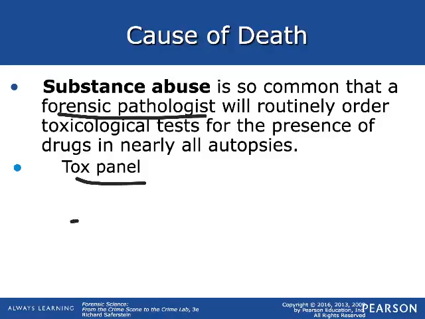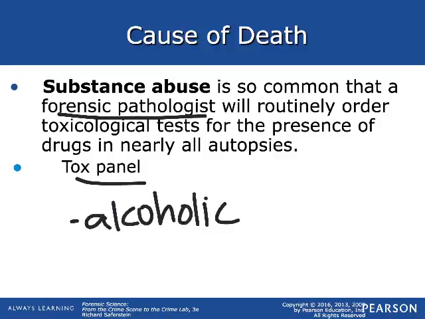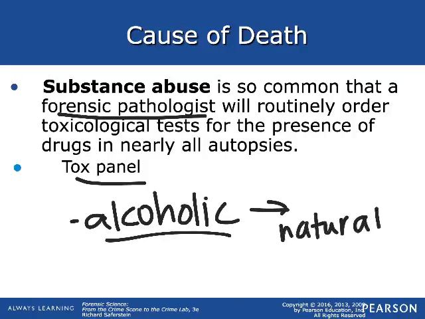If someone, like an alcoholic, dies over time, so they've gradually drunk themselves to death, that's actually labeled a natural death, because it wasn't that the alcohol suddenly killed them like an overdose. It's a natural death over time. But an overdose is, I guess, a little bit different.